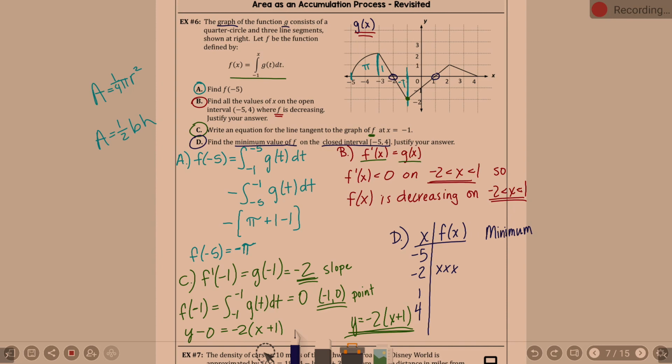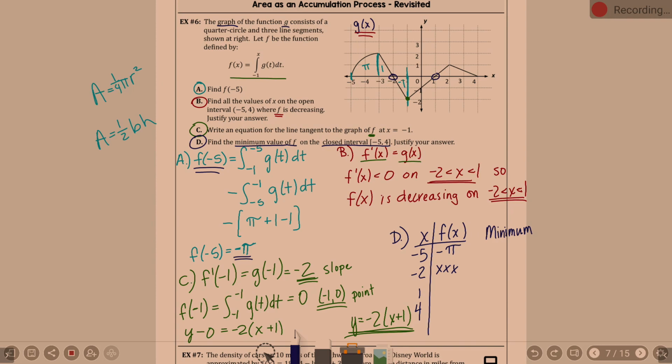Have we done any of these? We have. This first one, -5: have we done F of -5? F of -5 is -pi. Have we done F of 1? We have not. So F of 1, we need to know this piece right here. It's pi plus 1/2 times 2 times 2, so 2 times 2 is 4, and this is going to be a -2 here, yes?